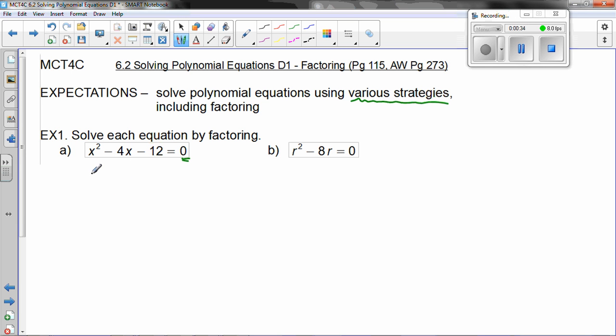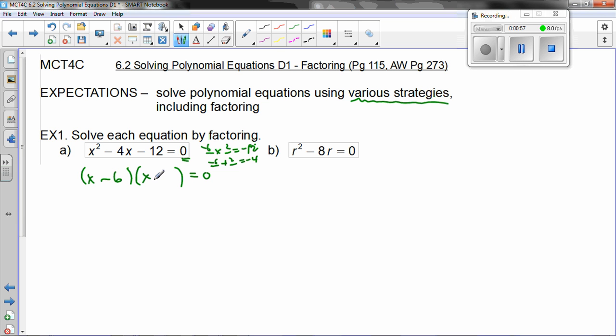So let's factor. Well, in this one, it's a simple trinomial: numbers that multiply to get negative 12 and add to get negative 4. What is it? It's negative 6 and 2.